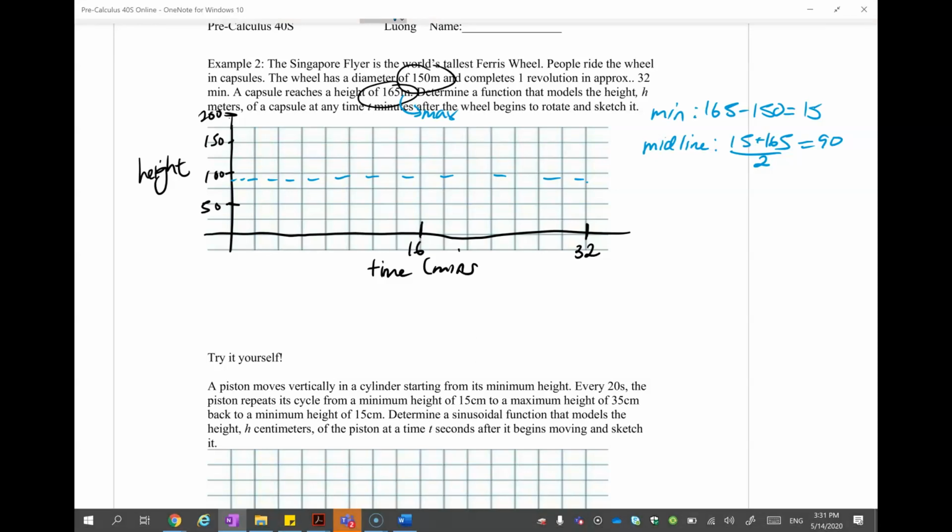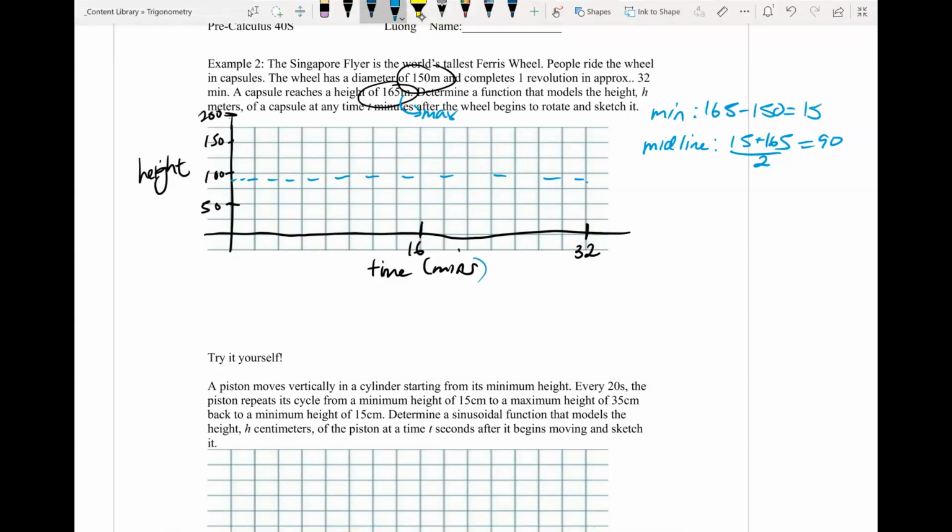So we are going to start off at 0 minutes. And then our minimum is 15. So right when we get onto this Ferris wheel, it's going to be 15 meters above the ground, so it's going to be somewhere there. And then we also need to finish there after 32 minutes as well.